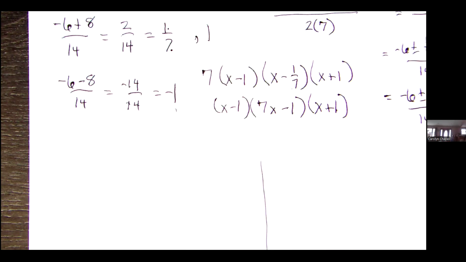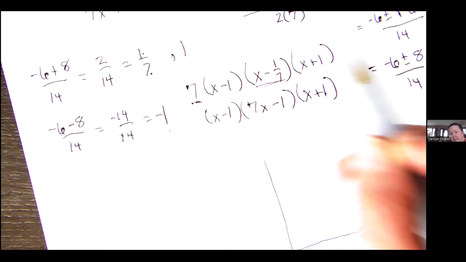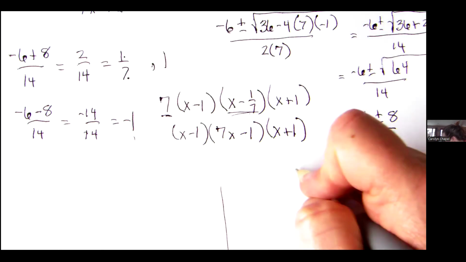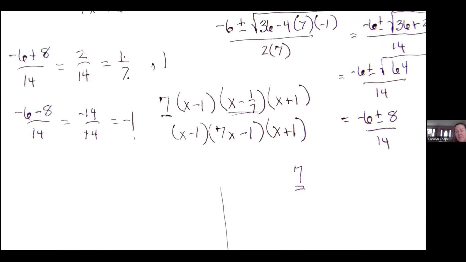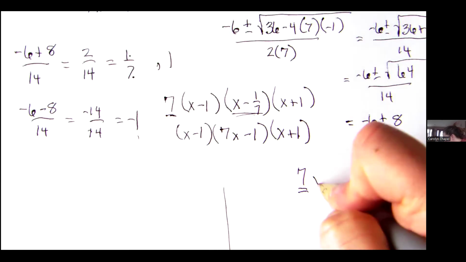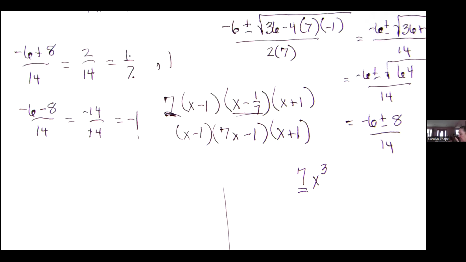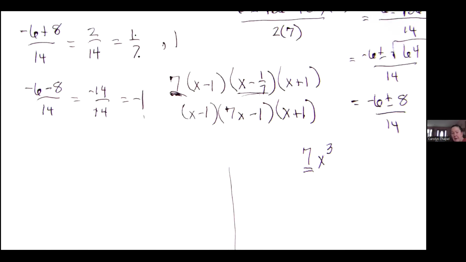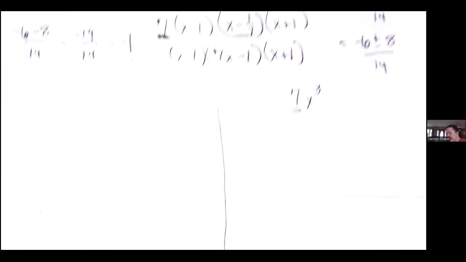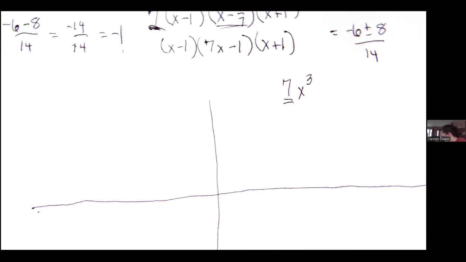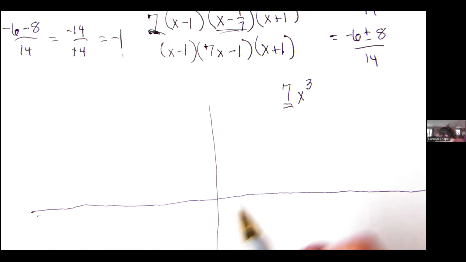This piece is a little more difficult to see. But since my leading coefficient was 7x cubed, I know that I have to have a 7 out front of all my x minus pieces. That's a little more detailed than I wanted to get to in this example. However, let's graph this thing. We have our zeros.